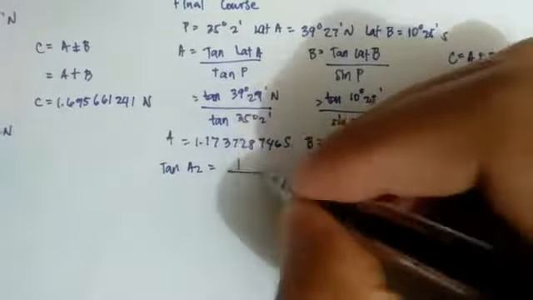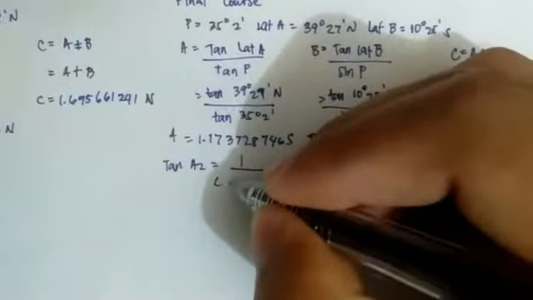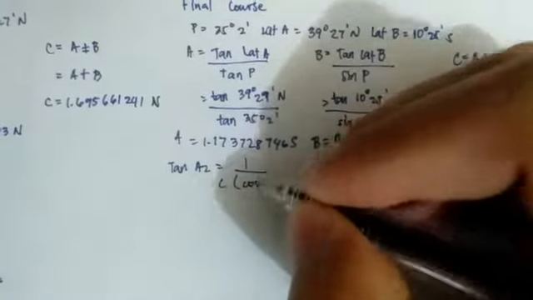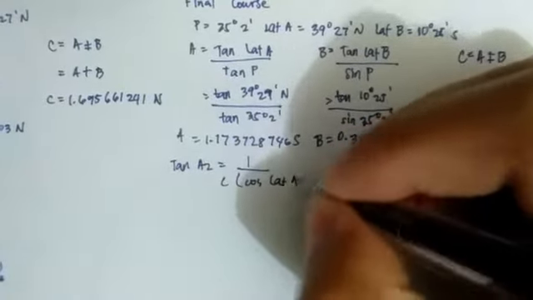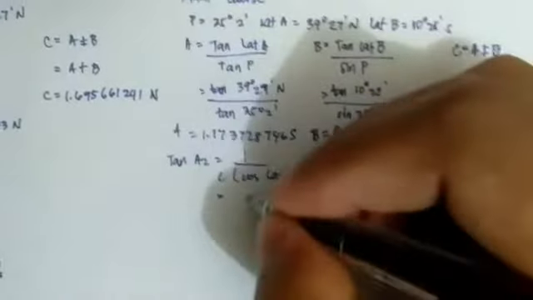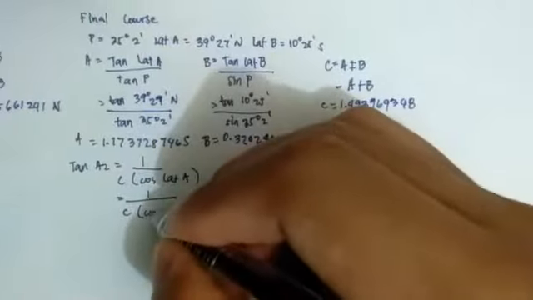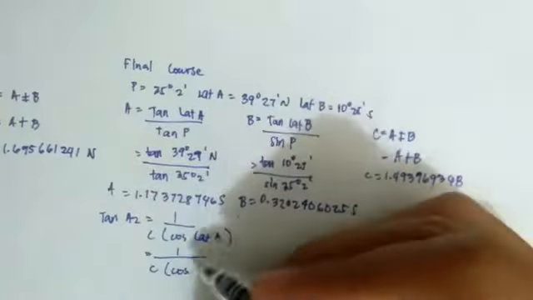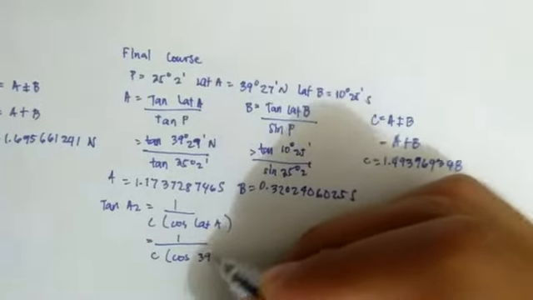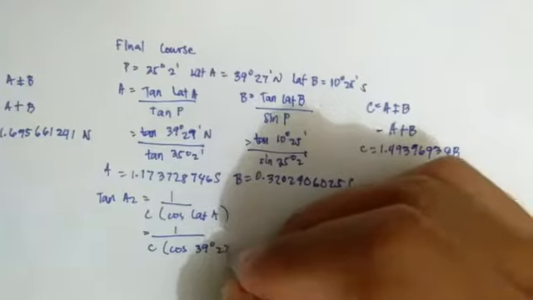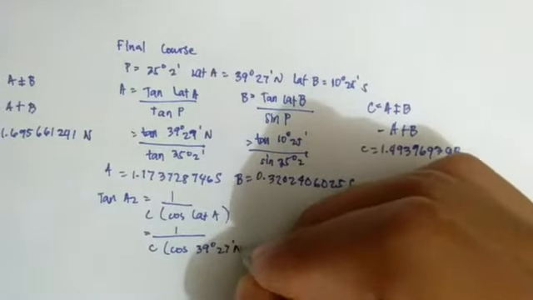So 1 over C times cos latitude A. So 1 and the C, which is this, multiplied by cos latitude A, which is 39 degrees 27 minutes north.